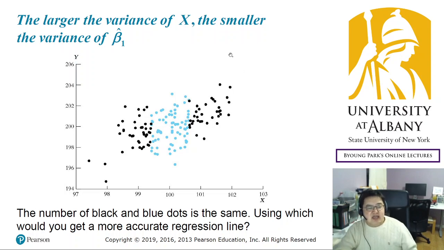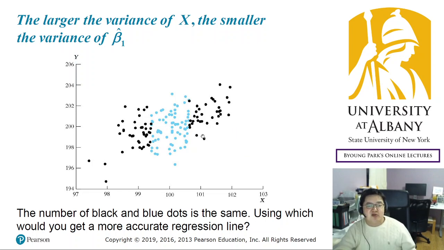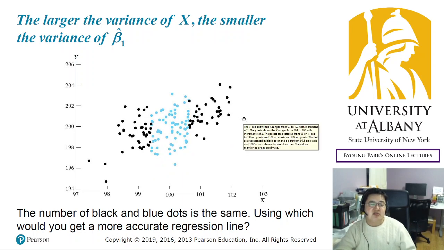Even though I said outliers are bad, having too small variation is also bad. So I will show you why it matters by considering two different types of groups. The number of black and blue dots is the same. So if you use the blue or the black, you are using the same amount of information, but let's see how much it changes.